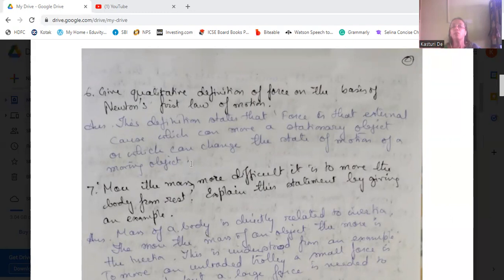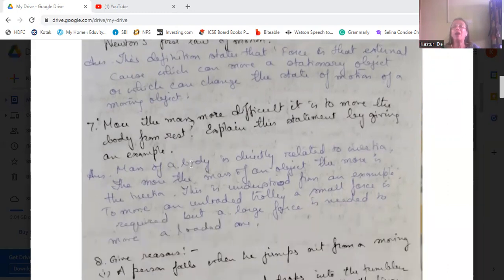Now next is, the more the mass, the more difficult it is to move the body from rest. How much is this true? Explain the statement by giving an example. When the body is heavy, the mass of the body is directly related to inertia.